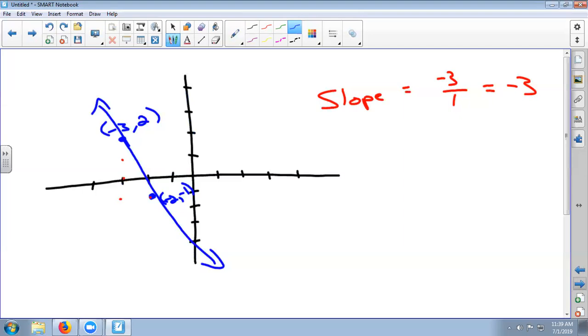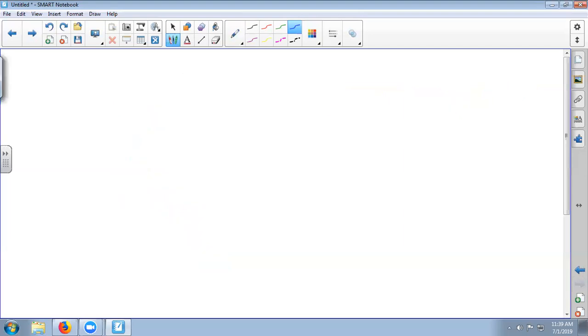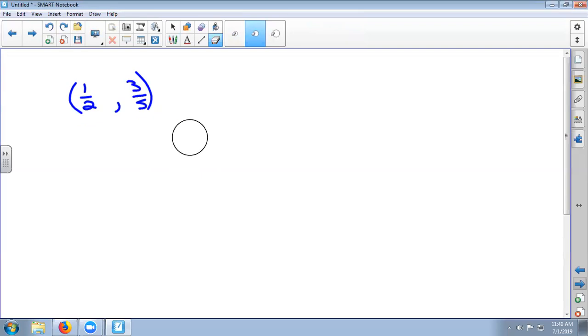We can't always graph the points. We can graph the points, but counting them can become difficult. I don't know why I drew a line there. But we're just going to go ahead and make this kind of easy.